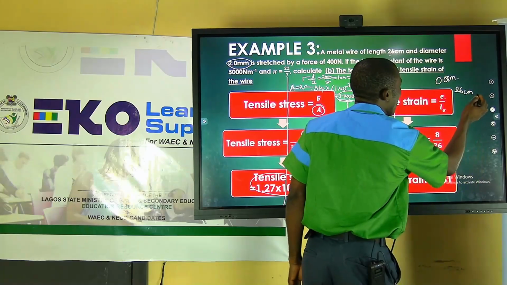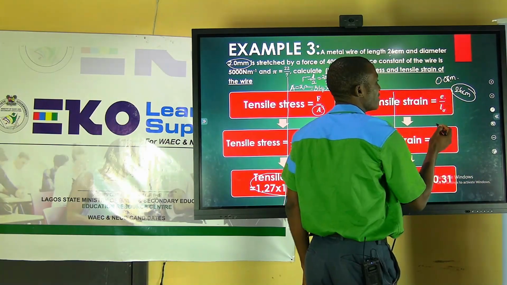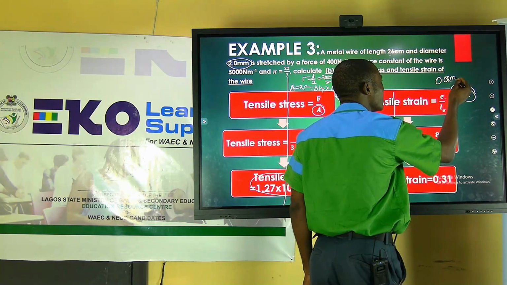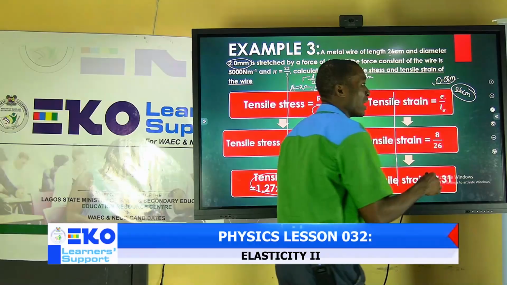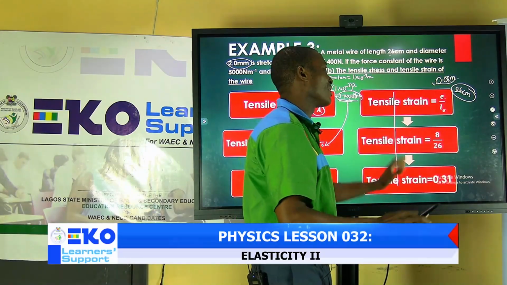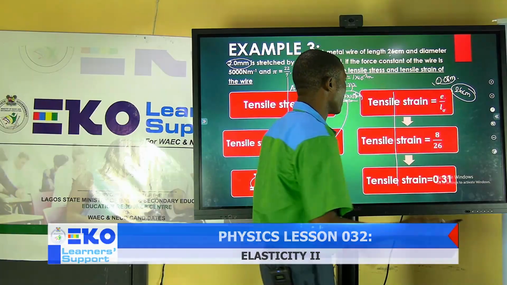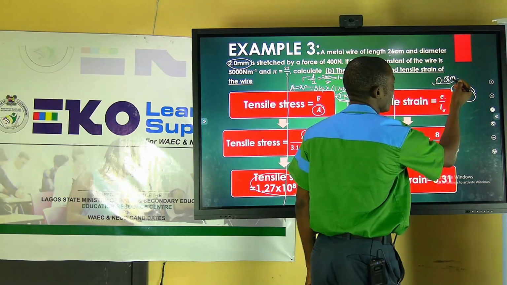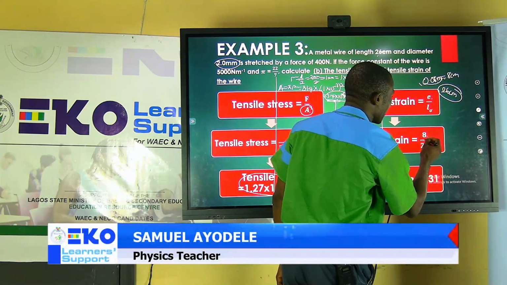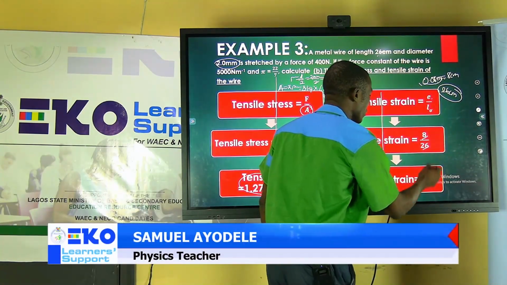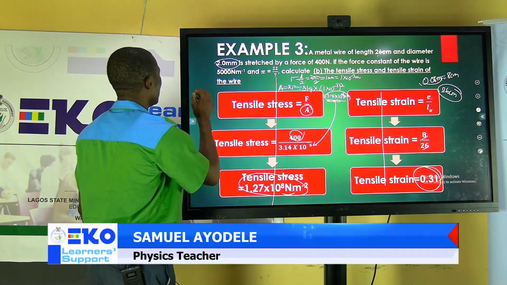Since we cannot compare centimeter and meter, we'll bring this one back into centimeter, or bring centimeter back into meter. Whichever one you do, you still get the same answer, only that the units you are comparing must be the same. So if you multiply by 100, you have 8 centimeter, which means 8 centimeter divided by 26. When you do that, you're going to have 0.31 as the answer.